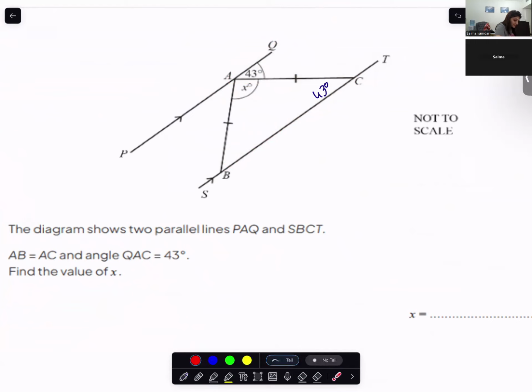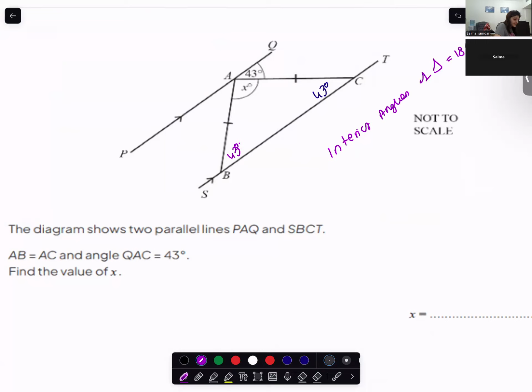Now if you see two sides are equal, that means it is an isosceles triangle. So the base angles would be equal. So this would also be 43 degree. Now I know interior angles of a triangle, they sum up to 180 degree.